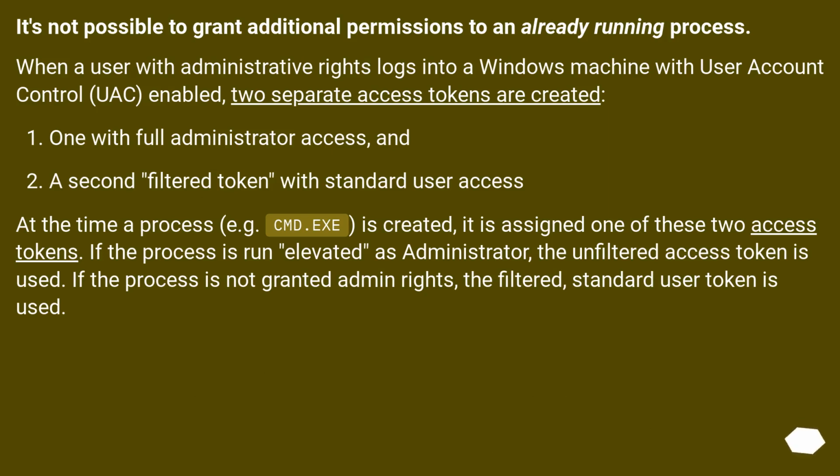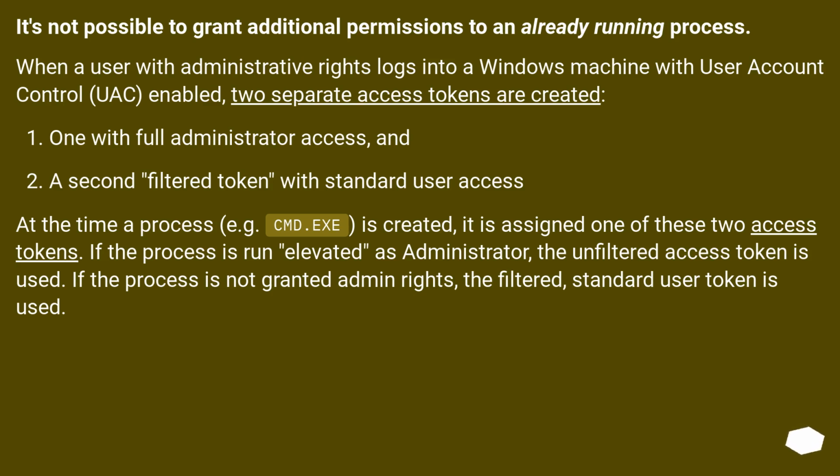When a user with administrative rights logs into a Windows machine with User Account Control, UAC, enabled, two separate access tokens are created. One with full administrator access, and a second filtered token with standard user access. At the time a process, for example cmd.exe, is created, it is assigned one of these two access tokens.